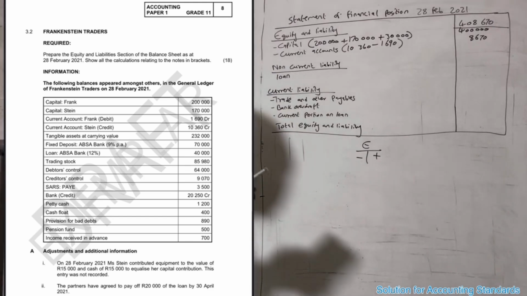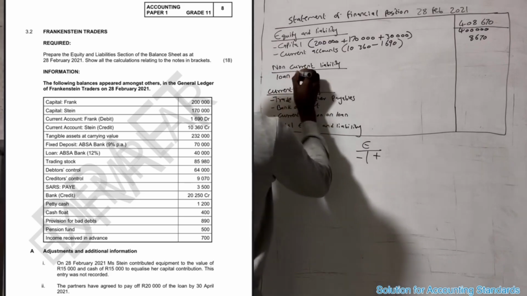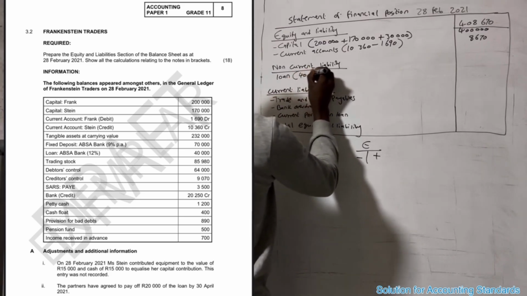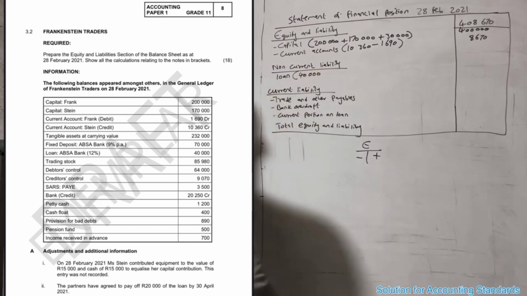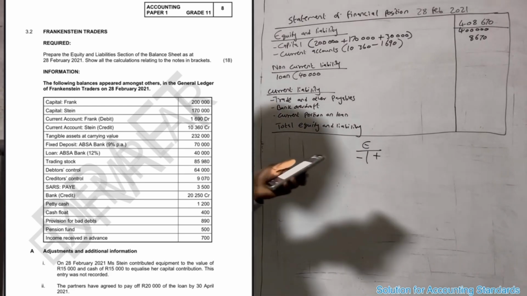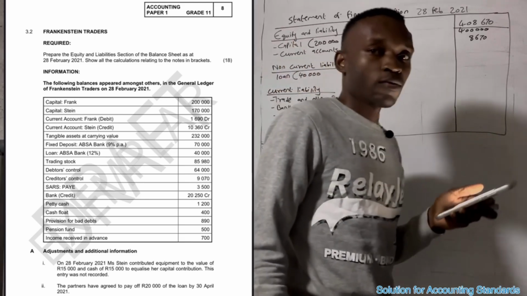Now let's move to the loan. At the beginning of the year, the amount was 40,000. They never tell us anything about interest or any outstanding interest, so we don't do anything. But they say that the partners have agreed to pay 20,000 by 30 April 2021.